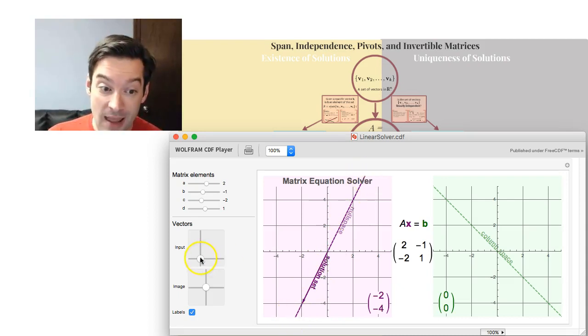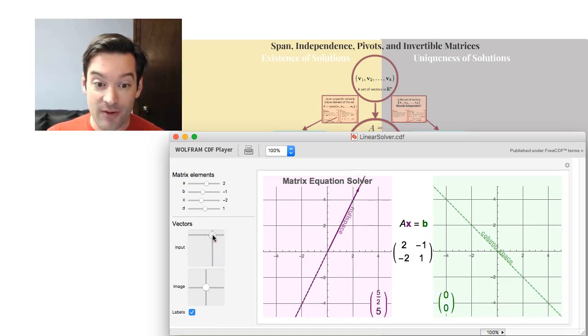There's an entire line going through the origin such that every single vector along that line gets sent to (0, 0) when we multiply by this matrix. So the null space here is this entire line of points. In fact, it's the line y = 2x in this example, passing through the origin, and all the vectors on that line are solutions of the homogeneous equation.